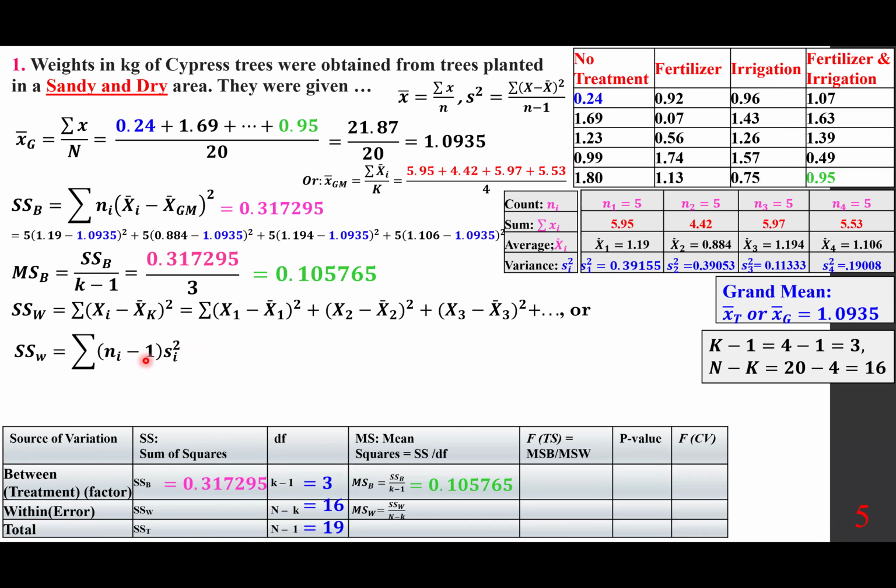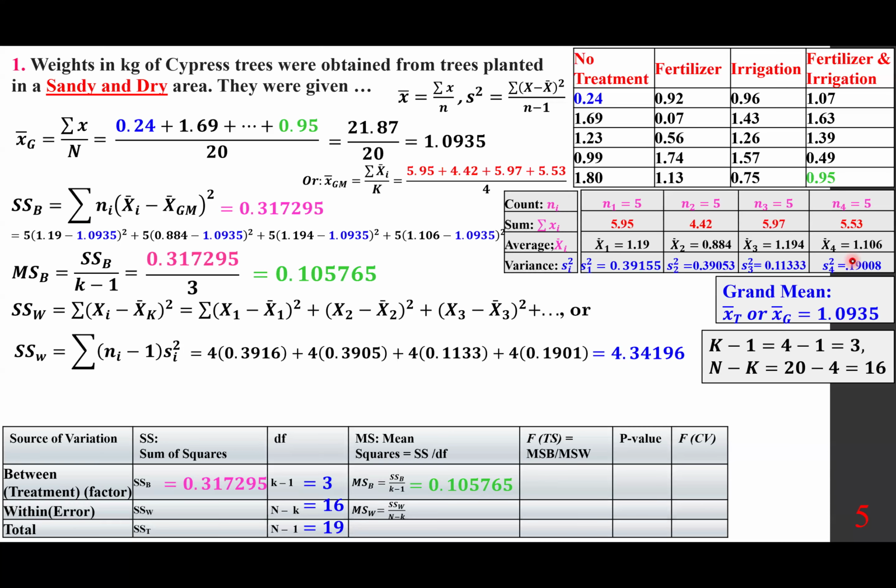So 4 times s1 squared plus 4 times s2 squared, and the same thing. This is faster calculation. So 4 times 0.3916 plus 4 times 0.3905, and so on. And that gives us the total sum of squares within. And this is one way to calculate it.